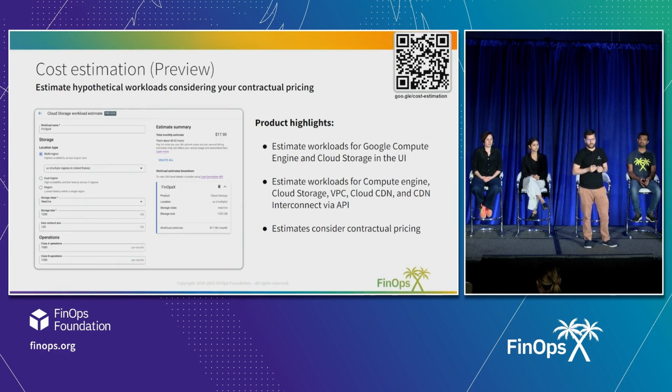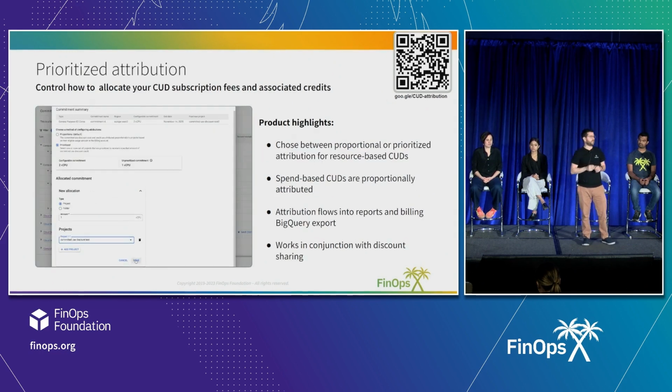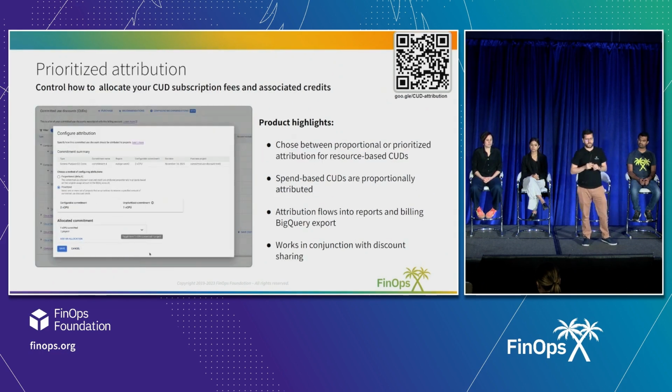And through API, we offer Cloud Storage, VPC, Cloud CDN, and CDN Interconnect. All those available to both channels, UI and API. And as I mentioned, the important thing with this cost estimation tool is that it considers your contractual pricing, so it will be accurate to your unique pricing considerations.